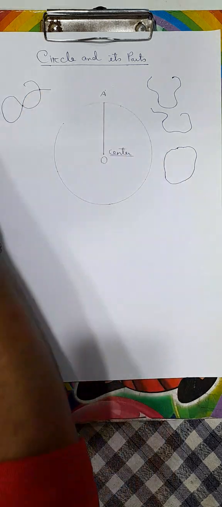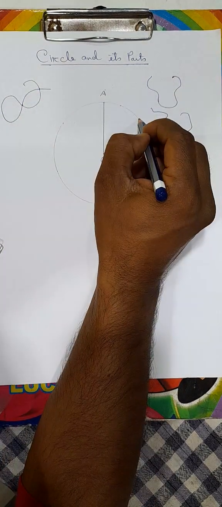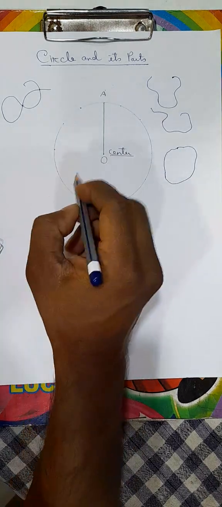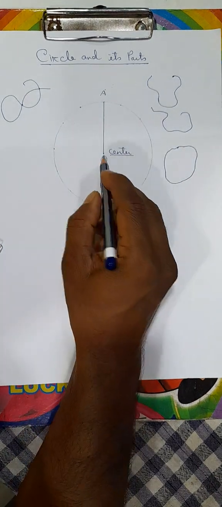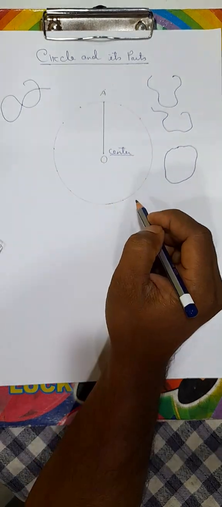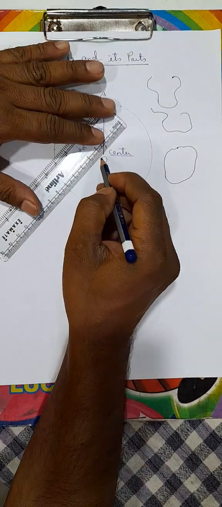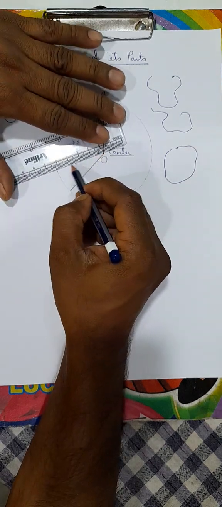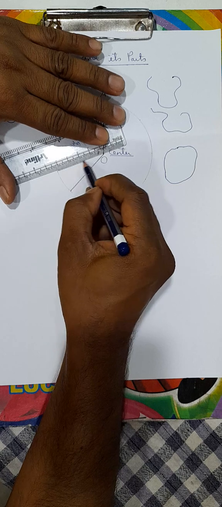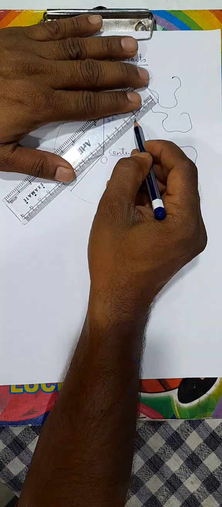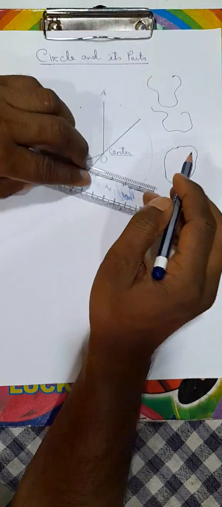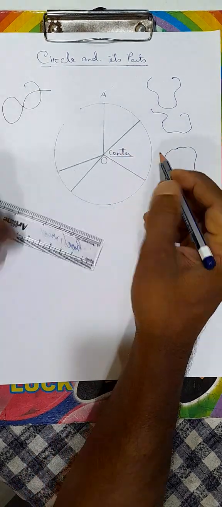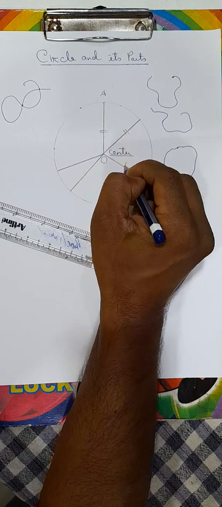So any point on this circle is equidistant from this center O. So if you join O and any point on this circle, say for example these points, that means all these line segments are equal.